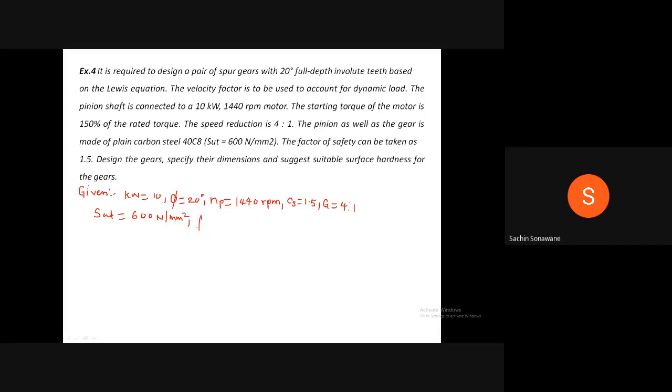Then factor of safety Fs is equal to 1.5. Then again ZP they have given, ZP is equal to 18, that is number of teeth on pinion. Then Y for 18 teeth is equal to 0.308, that is Lewis form factor.